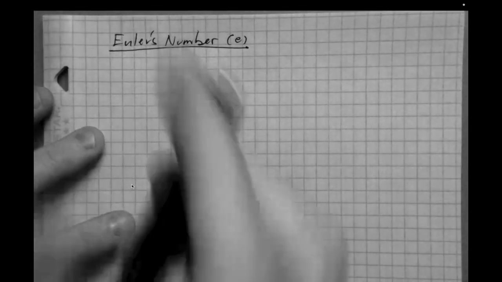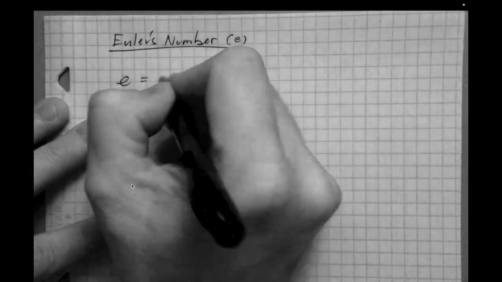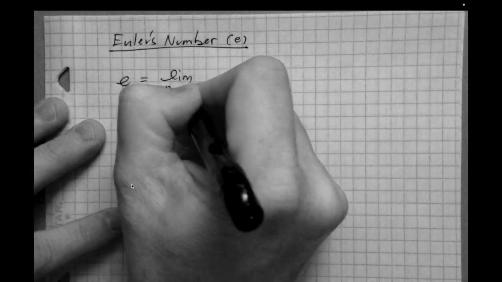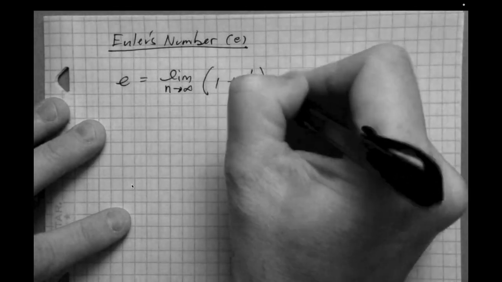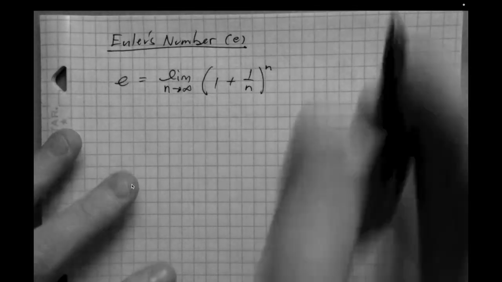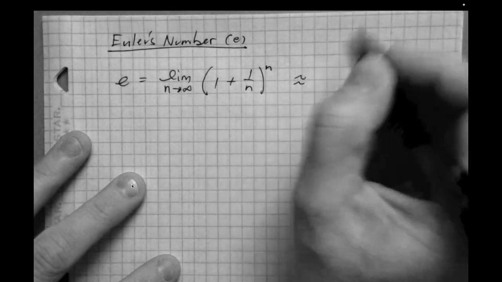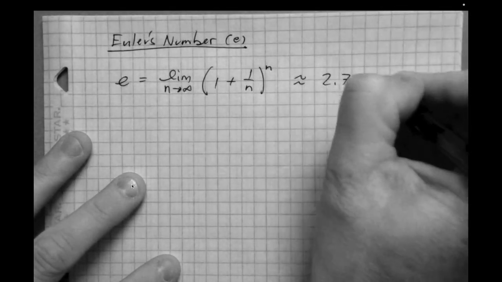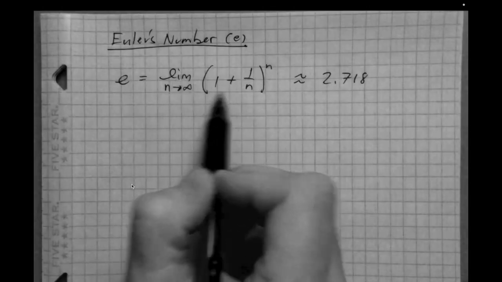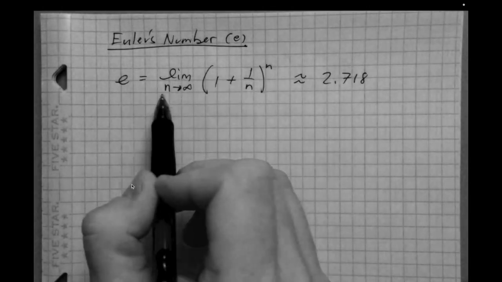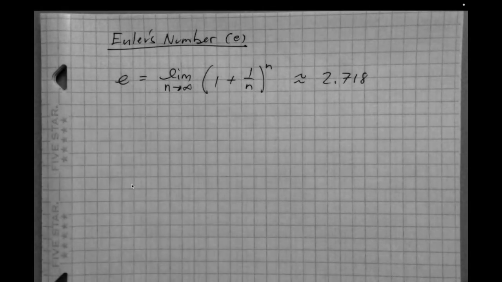It turns out that e is equal to the limit as n approaches infinity of 1 plus 1 over n to the nth power. And this is approximately 2.718. Okay, so this is a transcendental number that you may be familiar with, and the limit of this sequence is e.